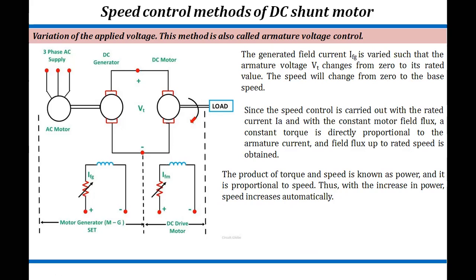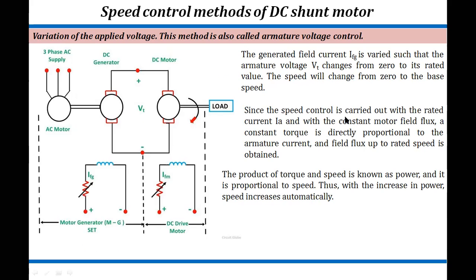The product of torque and speed we call power. We have already seen that concept: omega into T we call PM, the mechanical power, and it is directly proportional to the speed. So if we increase the power, we will get an increased speed. And how are we increasing the power?